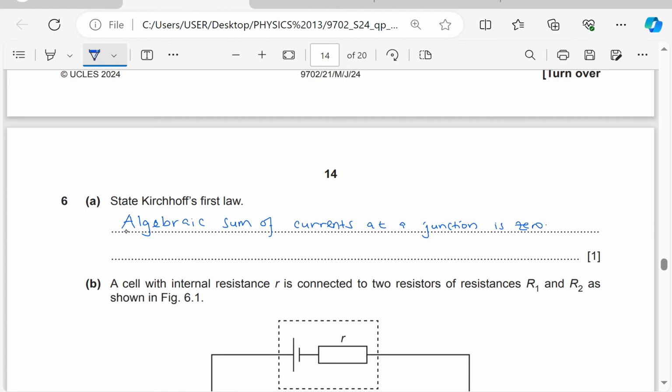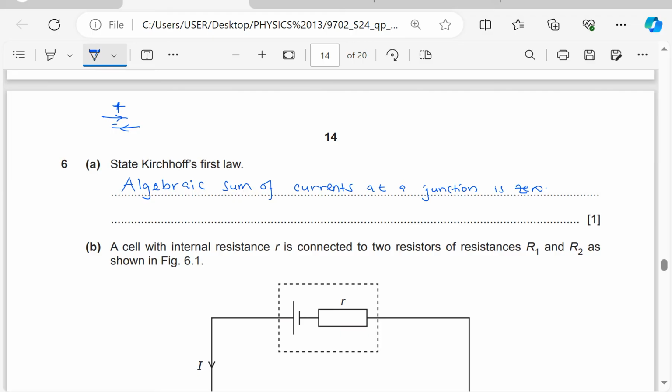When we say algebraic, it means you can say currents into the junction are positive, currents out of the junction are negative. One direction positive, one direction negative. So when you sum up, you're considering the algebraic sum.